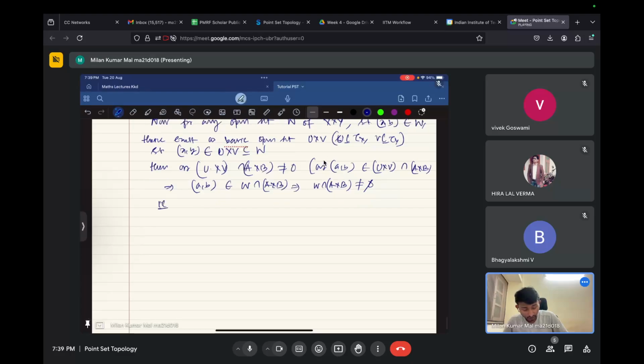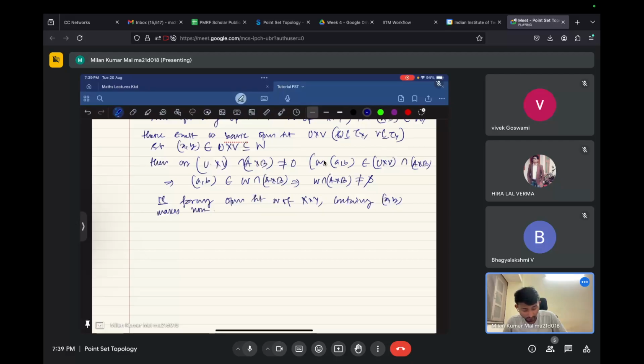Then any open set W of X cross Y containing (x, y) makes a non-empty intersection with A cross B.